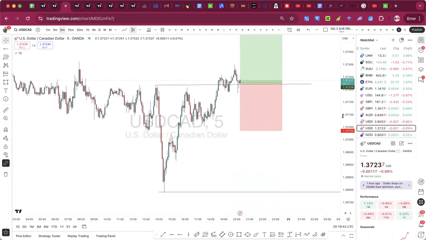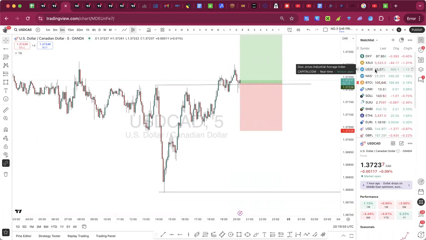So in most cases in gold, it can't be 30 pips. It's mostly going to be 50, 100, 200, 250, depending on how you trade.